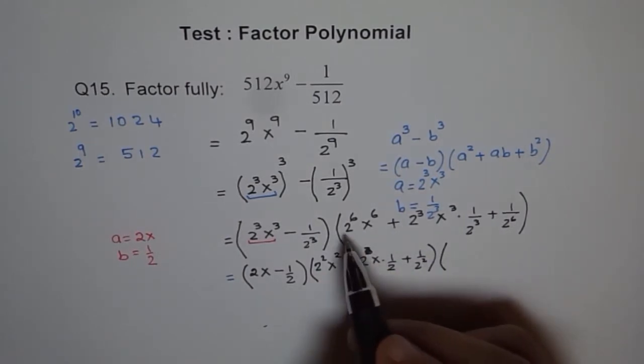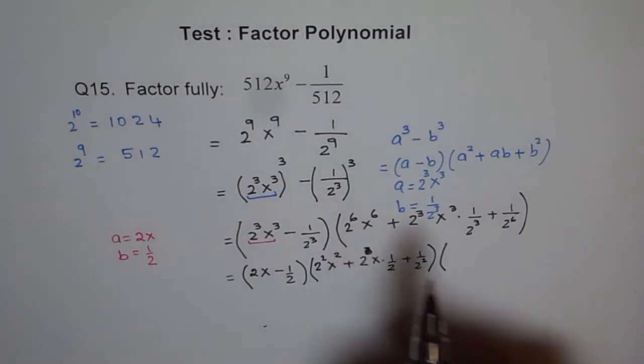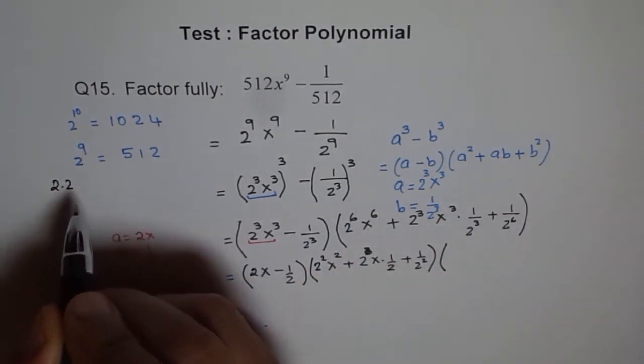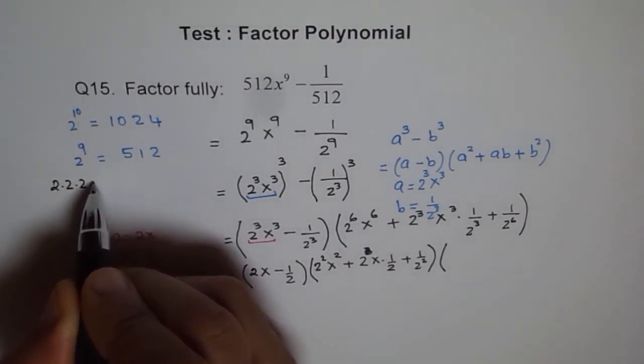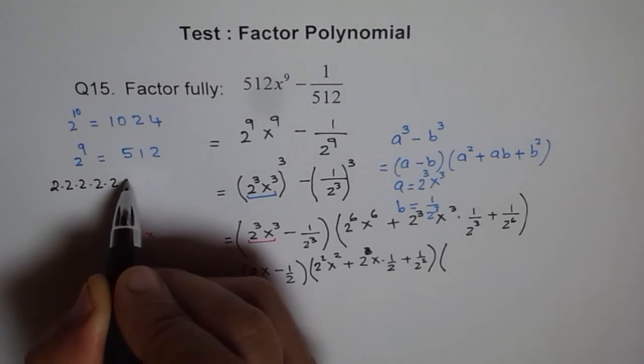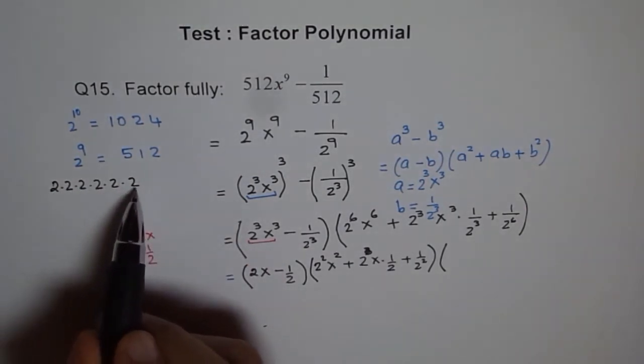Now while writing, I can write 2 to the power of 6 as what? Tell me. 2 to the power of 6 will be 2 times 2 is 4, 4 times 2 is 8, 8 times 2 is 16, 16 times 2 is 32, 32 times 2 is 64. So 1, 2, 3, 4, 5, 6.